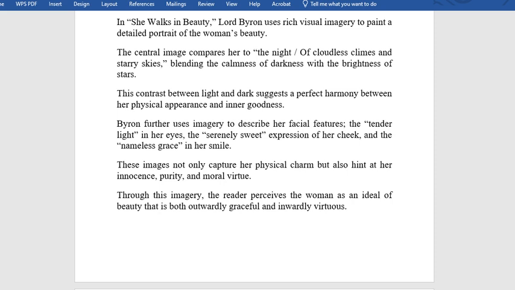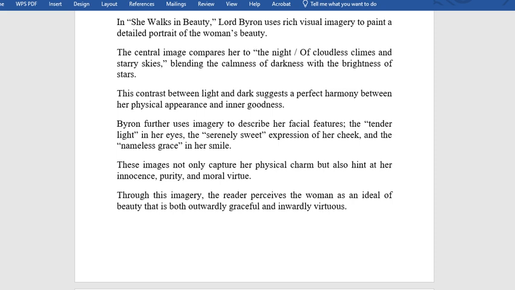This contrast between light and dark suggests a perfect harmony between our physical appearance and inner goodness.